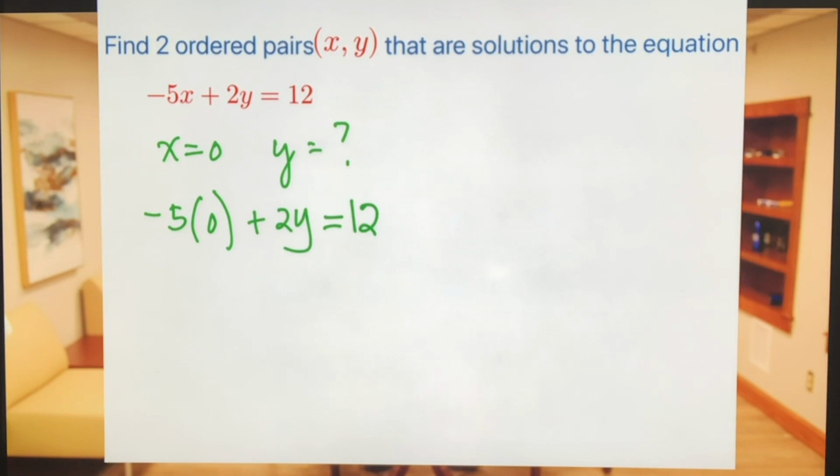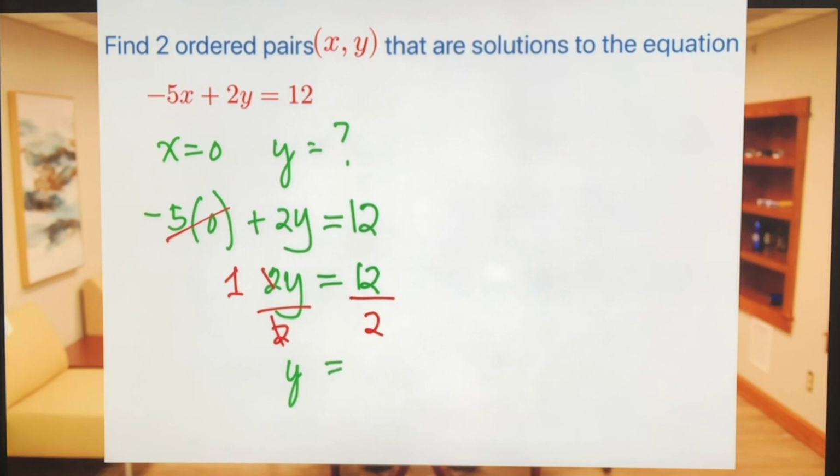Okay, so simplifying, 5 times 0 is 0, plus 2y will give us 2y on the left side equals 12. Using inverse operations, we divide both sides by 2. Again, by inverse property, 2 over 2 is 1, and 1 times y will give us y.